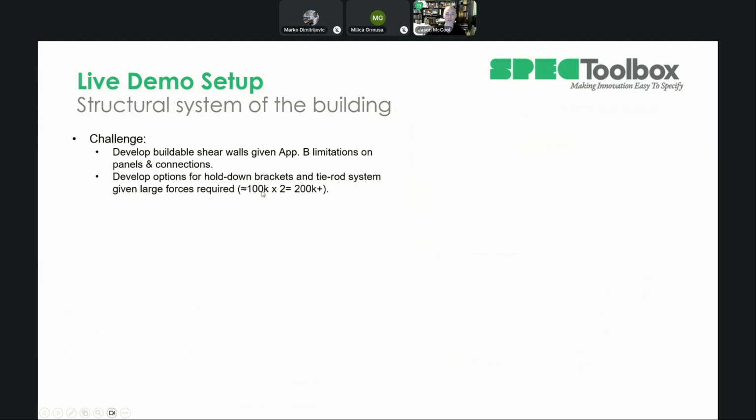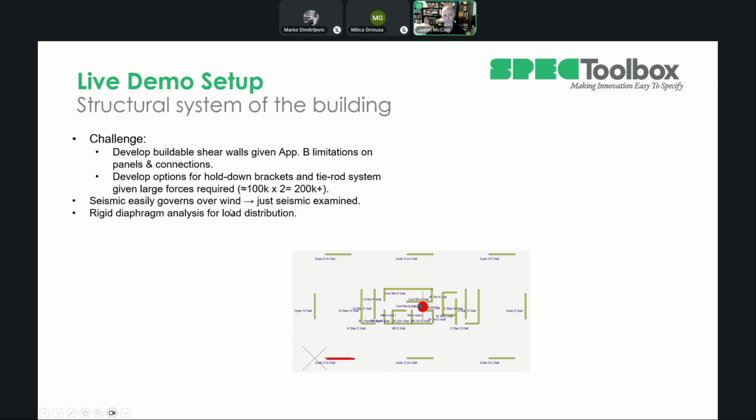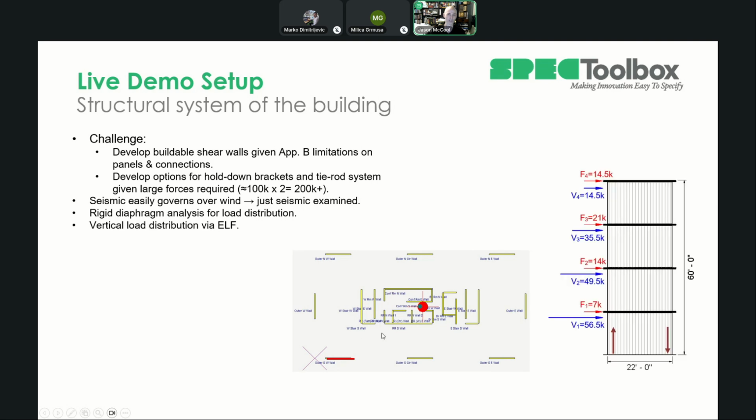I'm going to have like 200 kip hold down forces on here, and then seismic easily governed. I did do a rigid diaphragm analysis and came up with this wall being the one of interest here. And then I distributed my loads with equivalent lateral force.